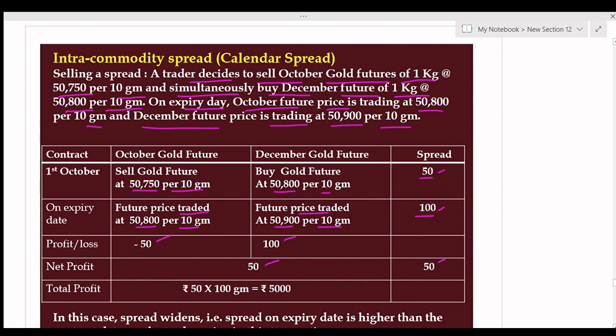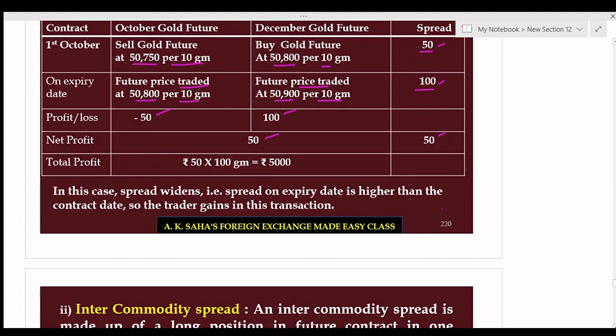If it is the buying case, then the spread on the contract day will be higher than the spread on the expiry date, then it will be positive, and the reverse will be negative, that is loss. In the case of spread widening, the spread on expiry date is higher than the contract date, so the trader gains in this transaction.